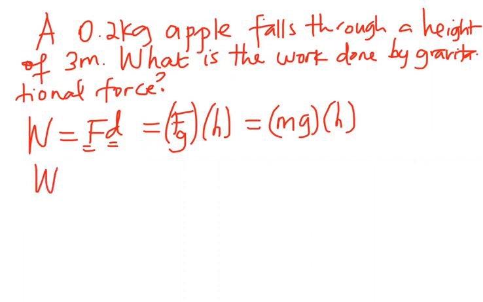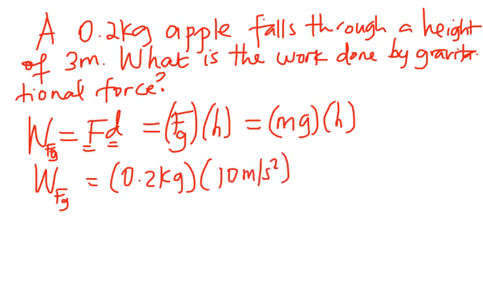Then the work done by gravity, let me put Fg here, work done by gravitational force will be mass is 0.2 kilograms times, I'm going to use 10 meters per second squared, times height. The height is 3 meters. Now, when you do that, you should be able to get 6 joules. That's the work done by gravitational force, 6 joules.